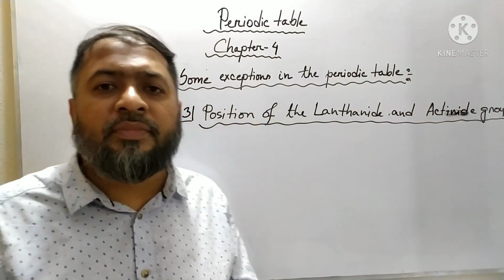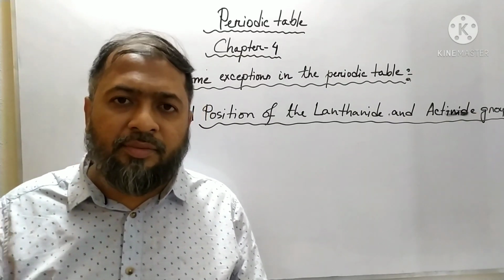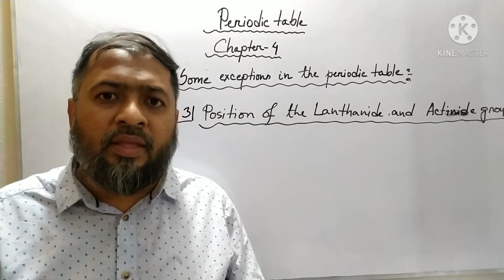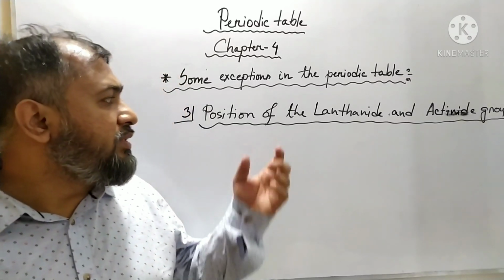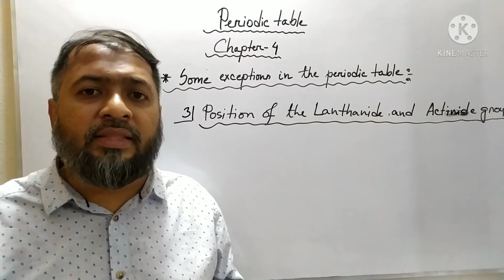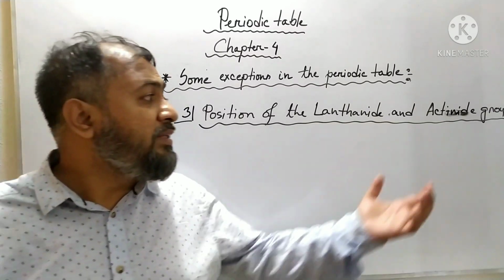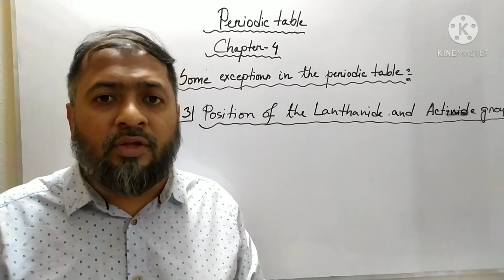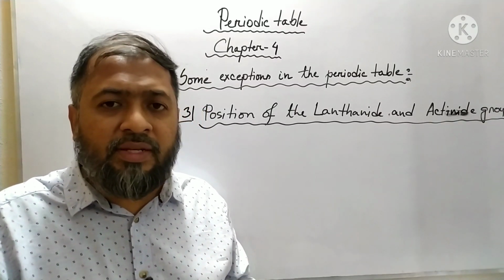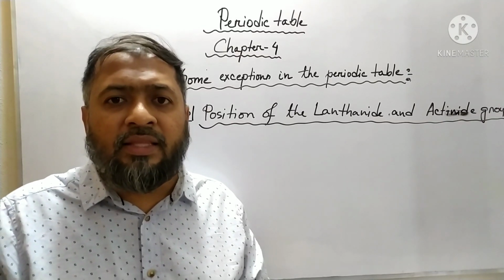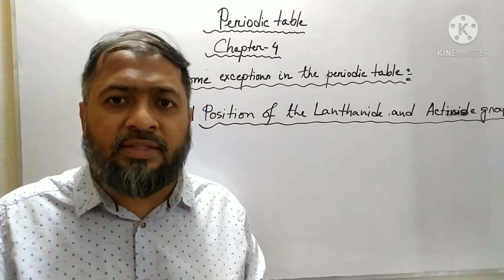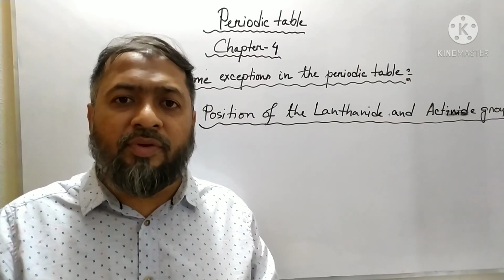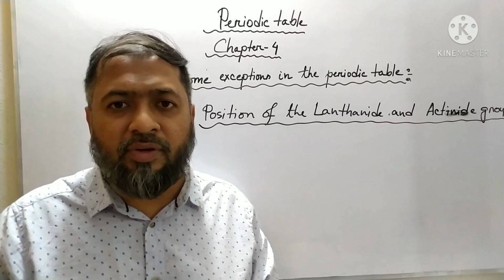Dear students, in the periodic table, third group, sixth period, there is a group present which is the lanthanide group, and in the periodic table, third group, seventh period, there is another group present which is known as the actinide group. So if we positioned 15 elements in that place, the beauty of the periodic table is hampered. Therefore, they are placed at the bottom of the periodic table to maintain its beauty.